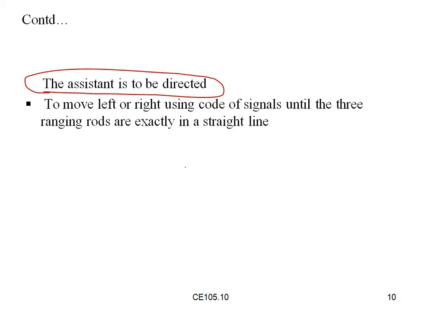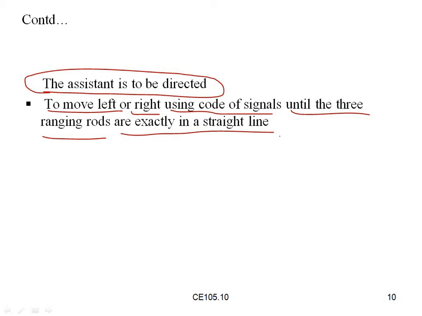And here the assistant is to be directed. While the leader is directing, the assistant should follow, whether to move left or right, using a code of signals until the three ranging rods are exactly in a straight line. That is what we have to do repeatedly.